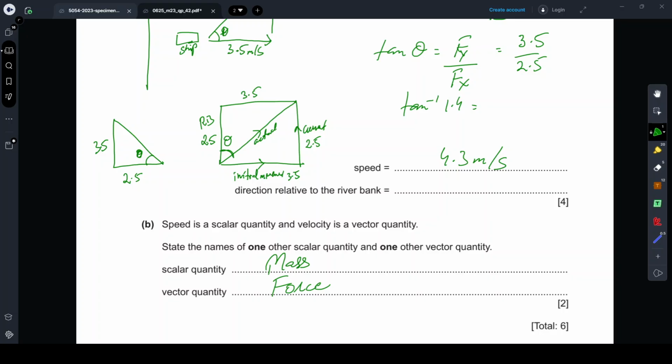which is giving you 54.46. They've accepted 54 and 55 both. Why? Because if you're taking it directly to one decimal place, it's going to round down to 54.